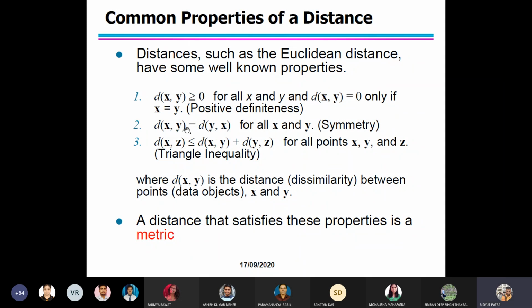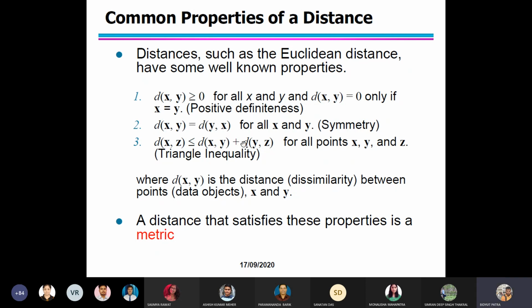And distance is symmetric, that is, the distance from x to y is the same as the distance from y to x. The third is the triangle inequality: the distance from x to y plus the distance from y to z is always greater than or equal to the distance from x to z. If any distance measure satisfies these 3 properties, then it is called a metric.